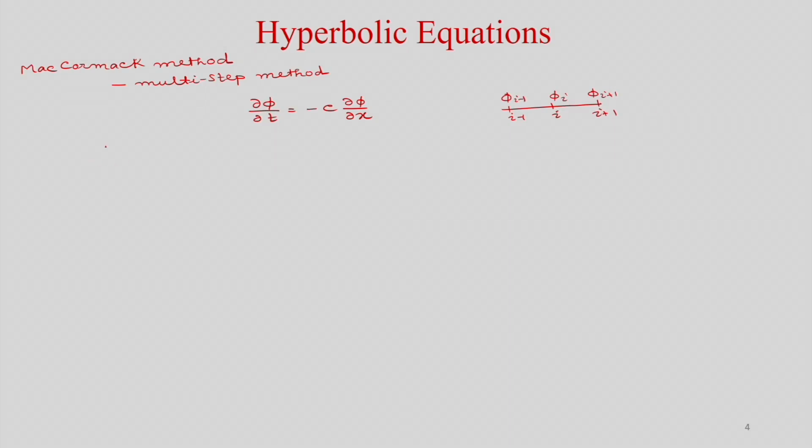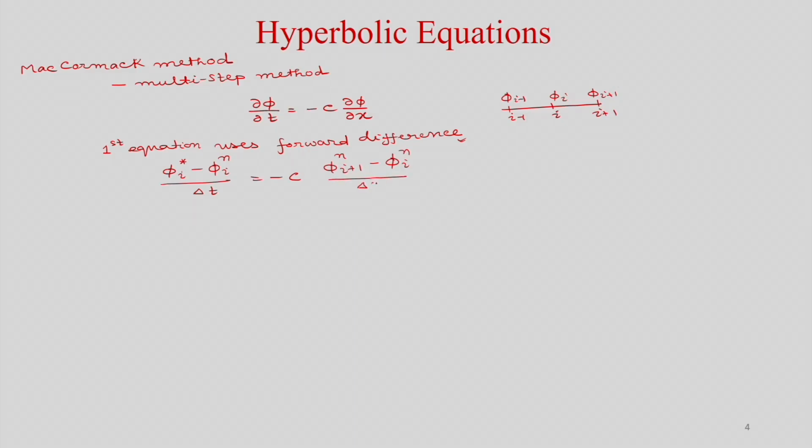So, the first equation uses forward difference in the spatial derivative. So, we will use (phi I star minus phi I n) divided by del t is equal to minus c (phi I plus 1 n minus phi I n) divided by delta x.